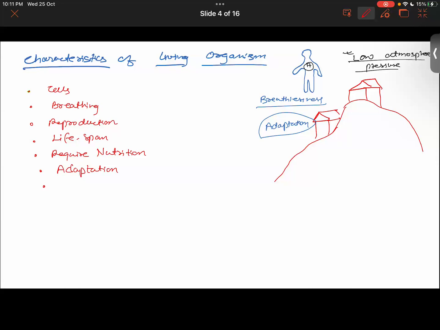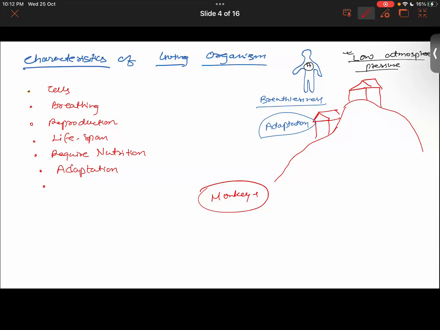So initially, the monkeys might not have been used to jumping from one tree to another. Initially it might have been the case, but then over thousands of years, they had the necessity of climbing from one tree to another in order to avoid predators, right?